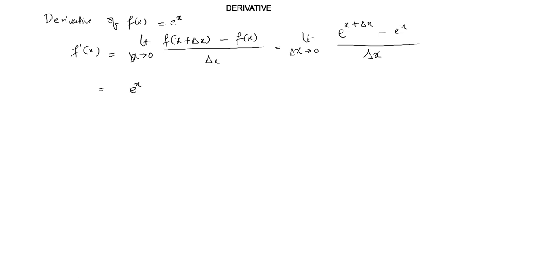Now this will be equal to e to the power of x multiplied by the limit as delta x tends to 0 of e to the power of delta x minus 1 divided by delta x, which is equal to e to the power of x multiplied by 1, that is e to the power of x. Or we can write d by dx of e to the power of x is equal to e to the power of x.